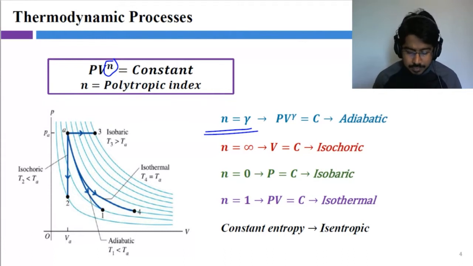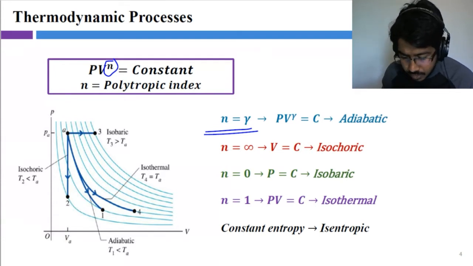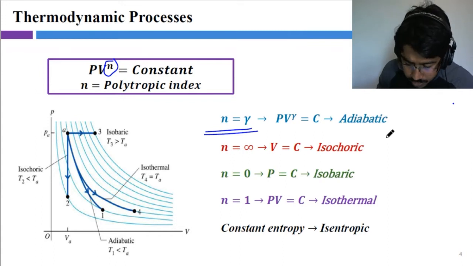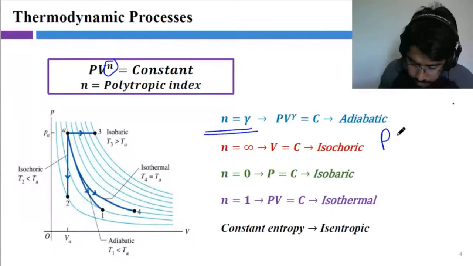So the second one, when n equals infinity, the polytropic index becomes infinity or very large, then we can basically say volume is constant, right? So in such a situation, the volume becomes a constant. Some of you may be wondering how this happens, so let's try to get a sense of it.